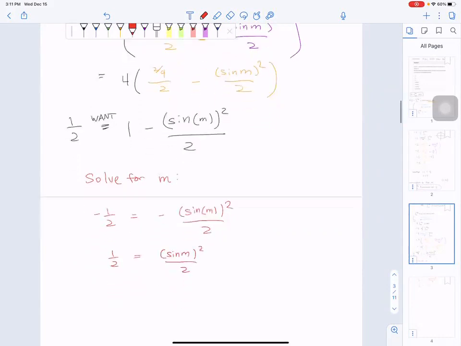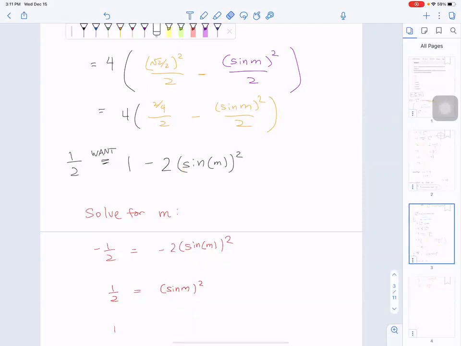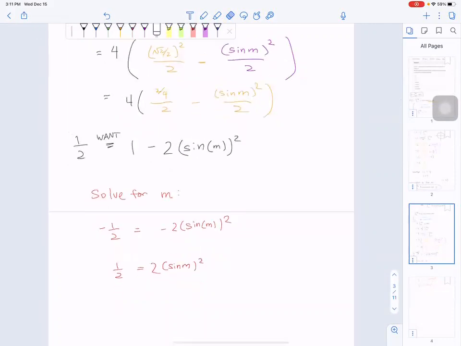Now you can multiply both sides by 2 so that you get, wait, sorry, this should be 2 over here. So here this simplified to 1, but this minus would cancel out. This would be a 1 and you'd have a 2 multiplied. Okay, so sorry about that. This would be 2 and 2. Now we divide both sides by 2 and we get 1/4 equals sine m squared.